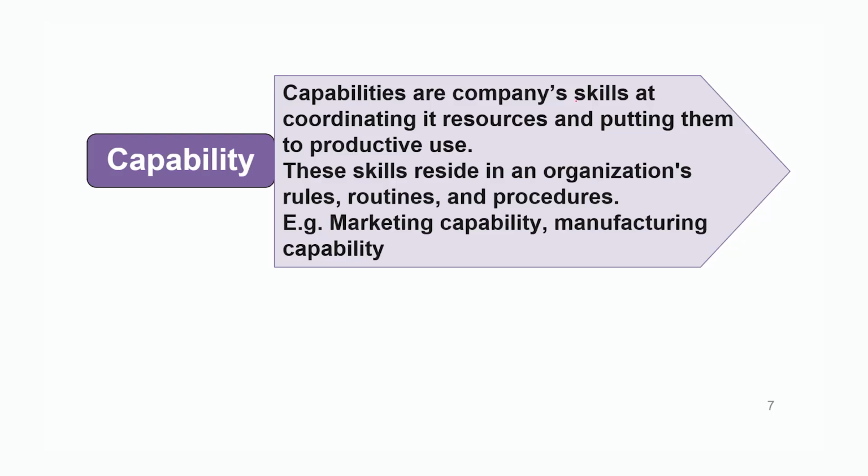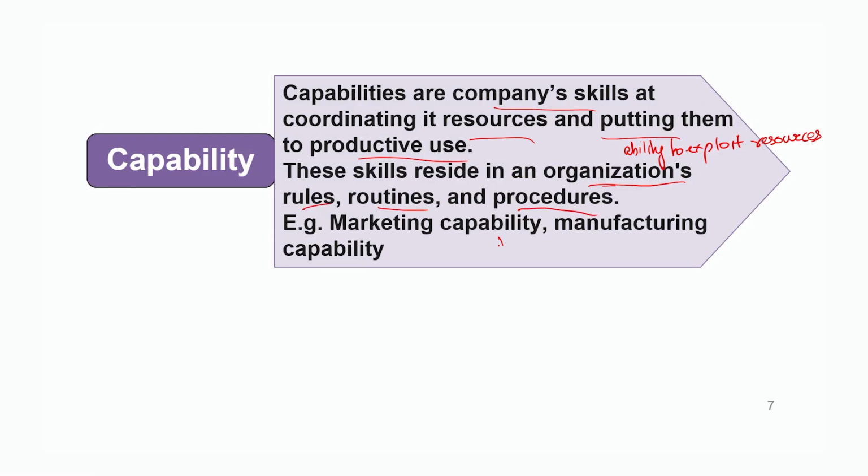So capabilities are company's skills, coordinating its resources and putting them to productive use. As I said, it is the ability to exploit resource. These skills reside in organization rules, routines and procedures.